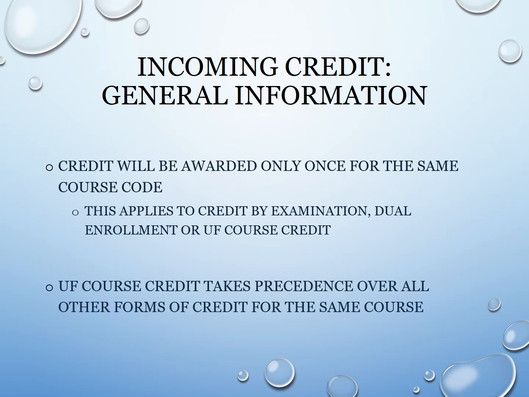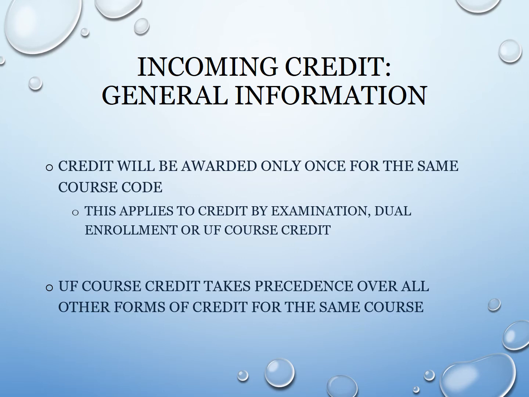Keep in mind also that UF course credit is going to take precedence over all other forms of credit of the same course. So, for example, a student comes in and they earned dual enrollment credit for Calculus 1 and they got a C and they're thinking, you know what, I really want to take it again at UF and make sure I have a strong foundation before moving on to take, let's say, Calculus 2. Maybe they're thinking about an engineering major and they decide to retake Calc 1. That's fine. They absolutely can do that.